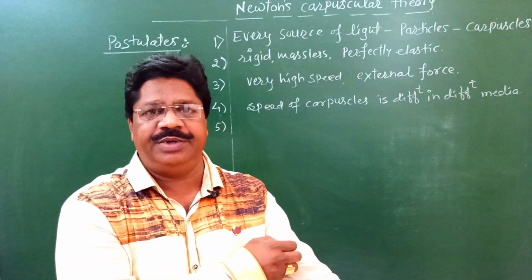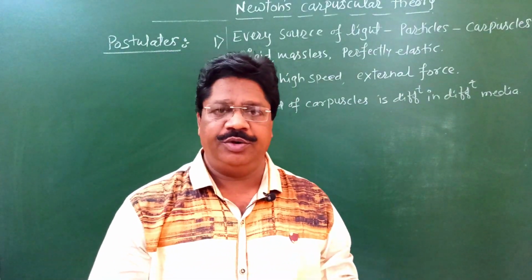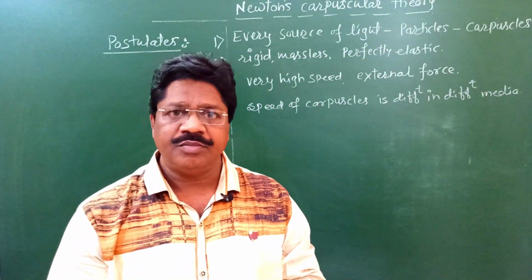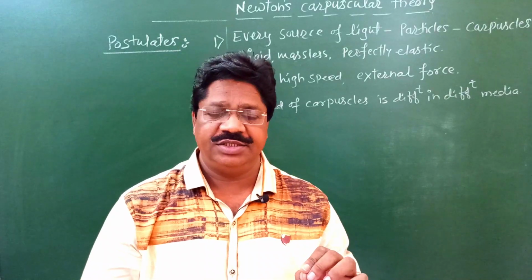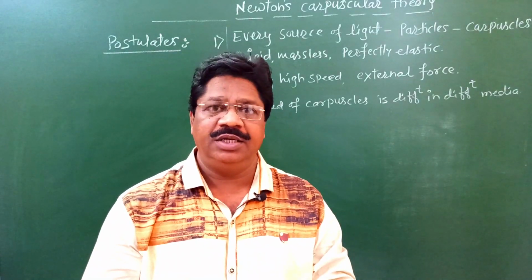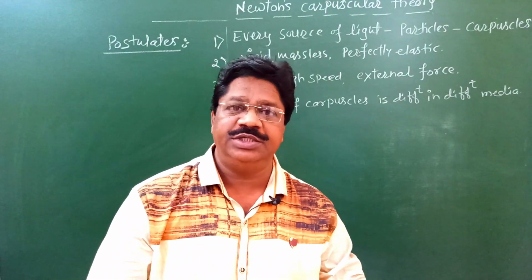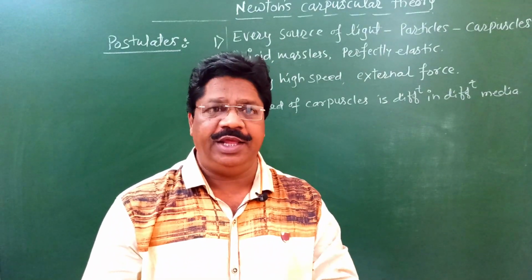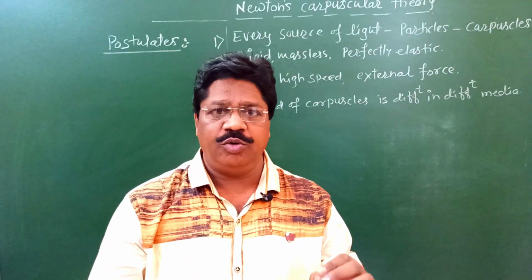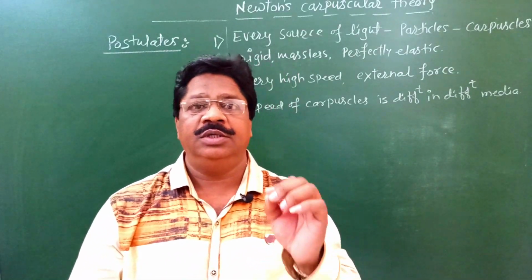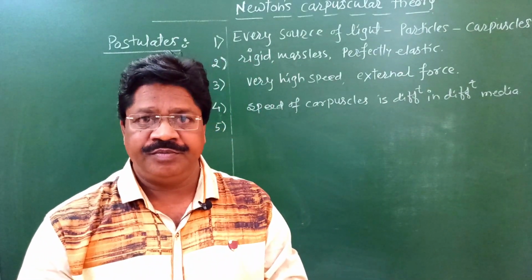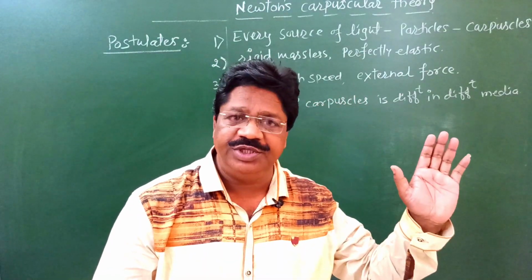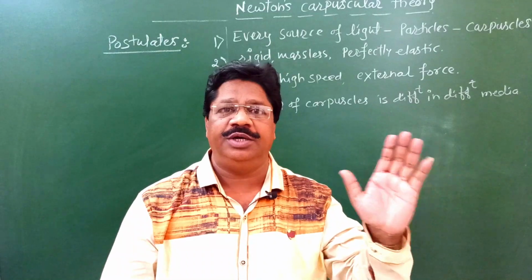Rarer media, for example air and vacuum, and denser media, such as water, glass, or any transparent liquid, which is denser as compared to air. When light travels through any medium, its velocity depends upon the given medium, and therefore the speed of these corpuscles is different in different media.